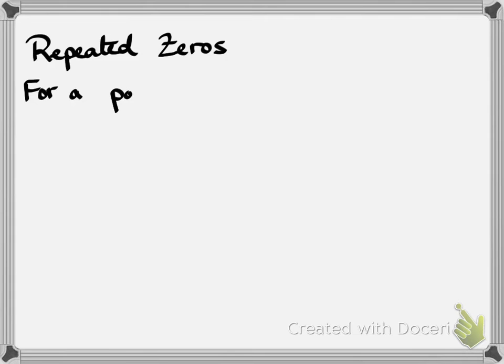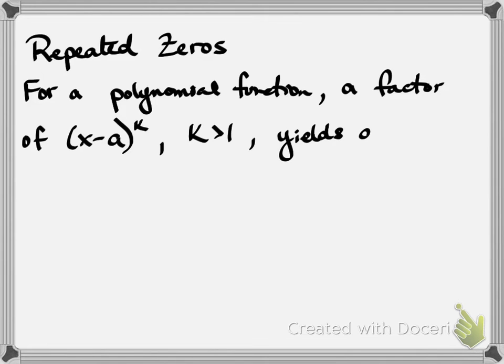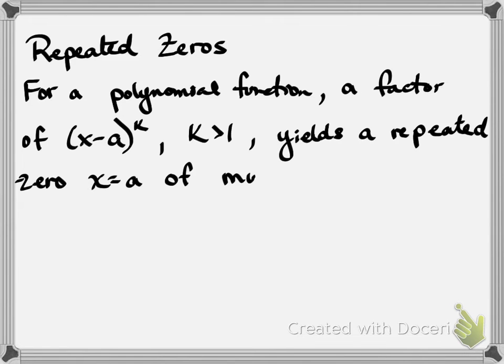For a polynomial function, a factor of (x minus a) to the k, where k is greater than 1, yields a repeated 0, x equals a, of multiplicity k.